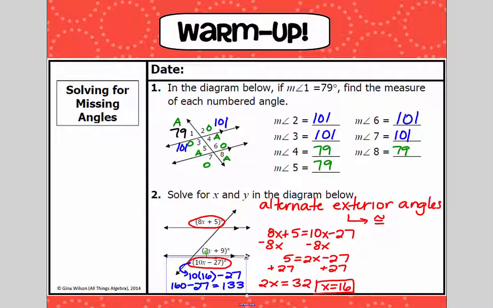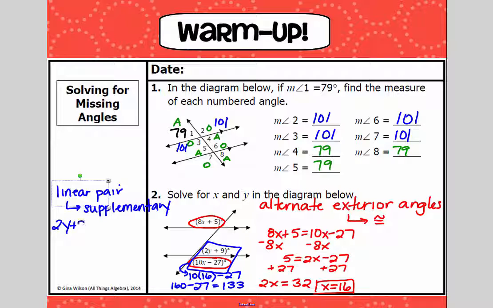I know that these two angles form a linear pair, so their sum will be 180 degrees. So I'm going to take 2y plus 9 plus 133, and that will be equal to 180.